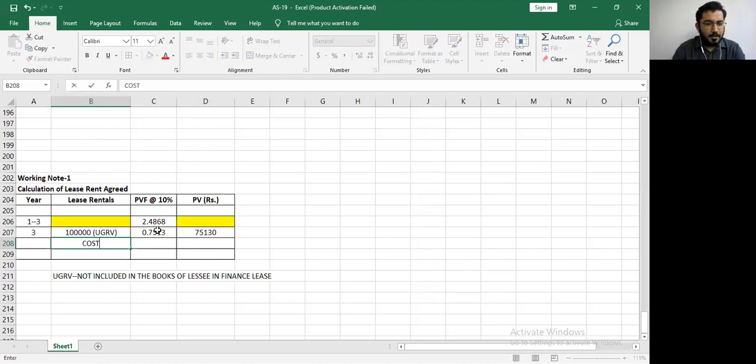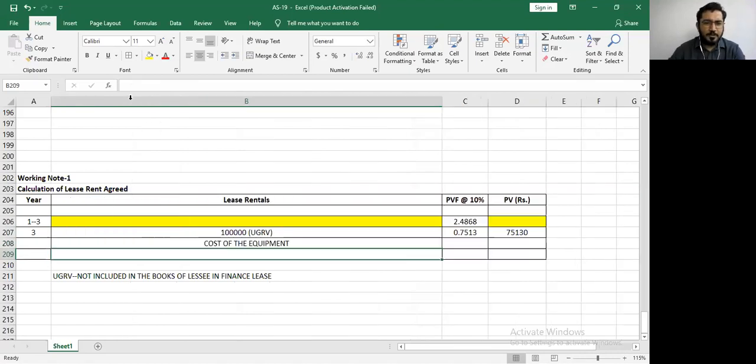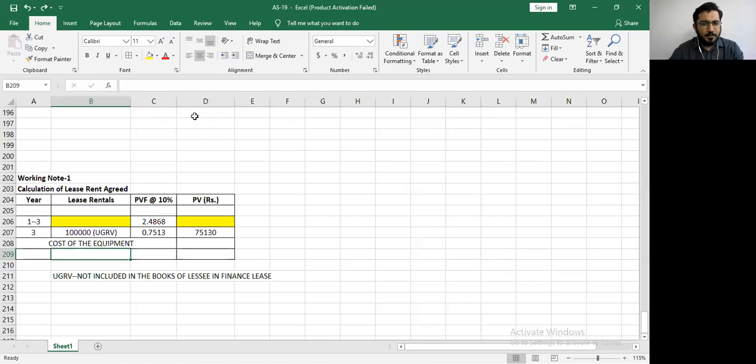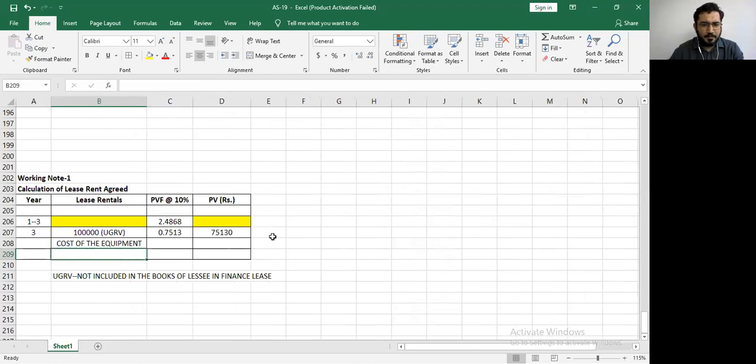The total that you will get is the cost of the equipment. Now, whenever you have cost and fair value to be the same, you will take your cost of the equipment. How much do you have? Cost of the equipment is 10 lakhs.